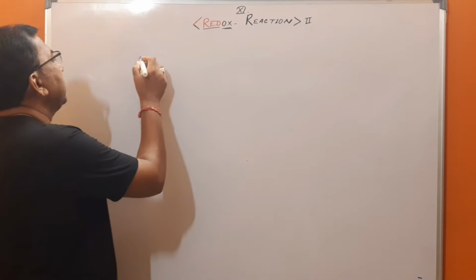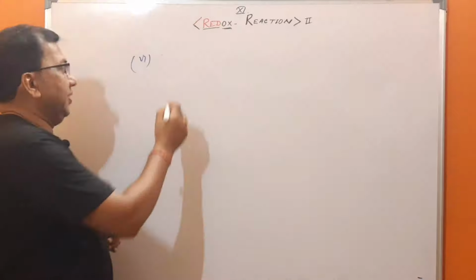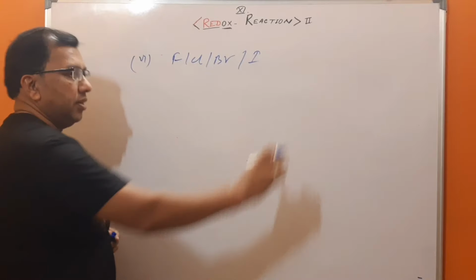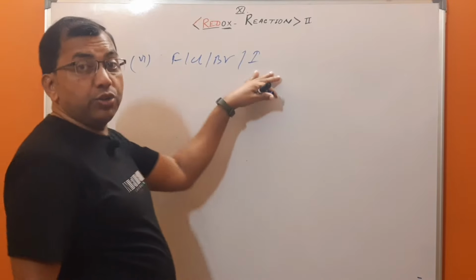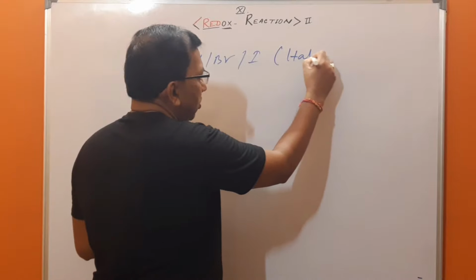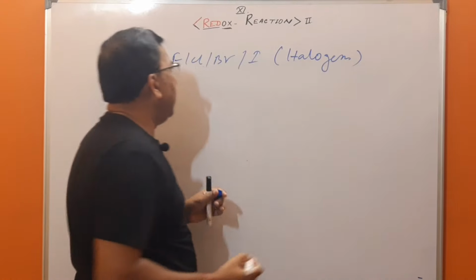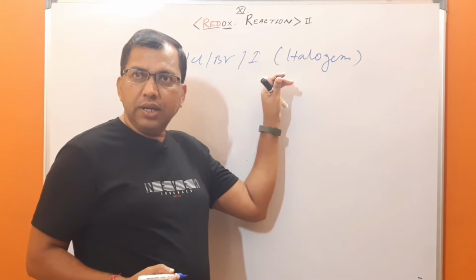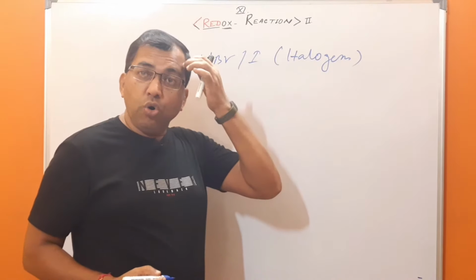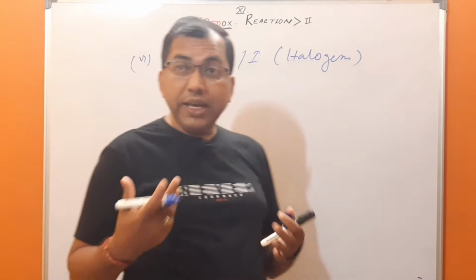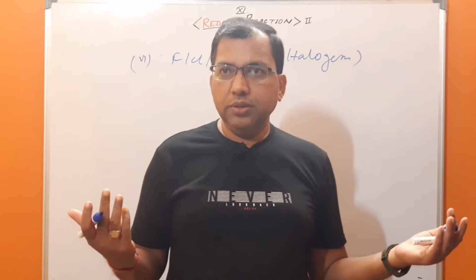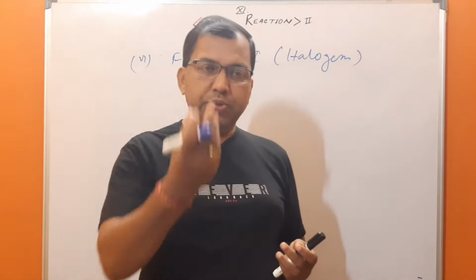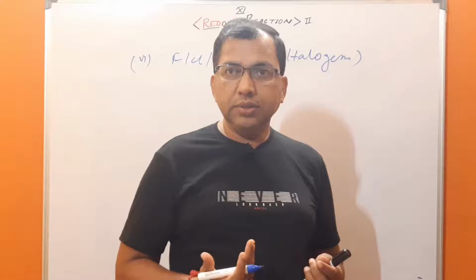Halogen is rule number 6. I'm writing very speedily. That is the halogen. What will the oxidation number of halogens normally be? -1. Halogen, it is -1. But in oxoacids and oxoanions, it is +1, +3, and so on. Okay, in HOClO2, for example, what will it be? It will be +3. Okay.